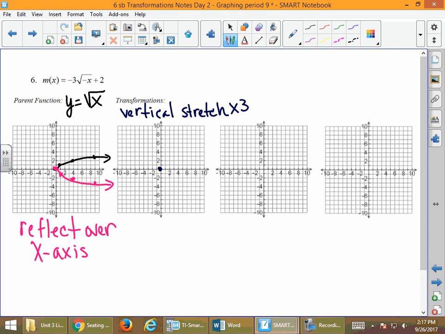But 1, negative 1, the negative 1 is going to be multiplied by 3. So it's going to be 1, negative 3. And the 4, negative 2, the negative 2 is going to be multiplied by 3. So it's going to be 4, negative 6.